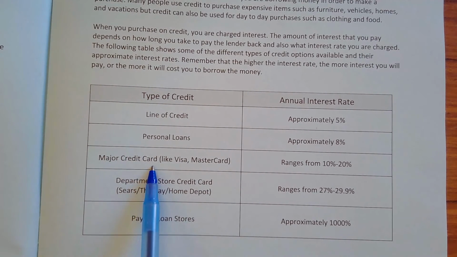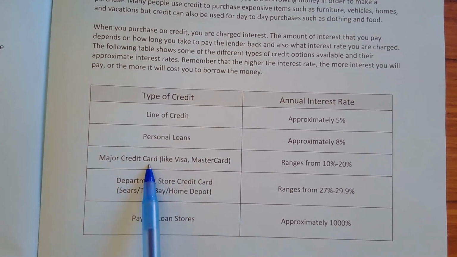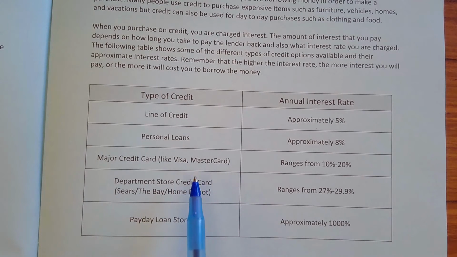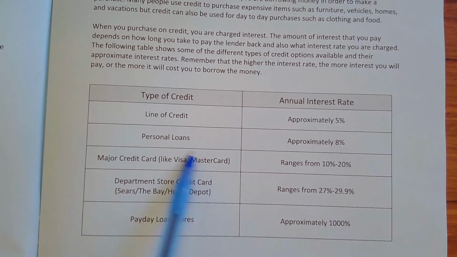Other ones are credit cards. Credit cards, you probably know, are pretty dangerous. Again, because it's access to easy money, right? You can just keep using it, and then at some point you can't pay it back. A lot of people get themselves in big trouble by racking up credit cards.